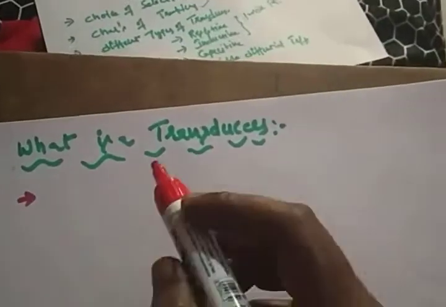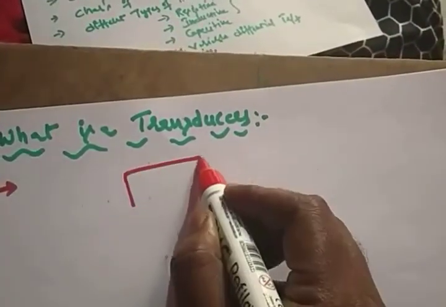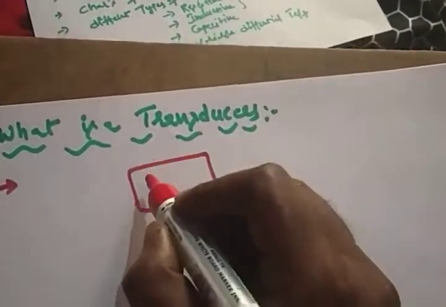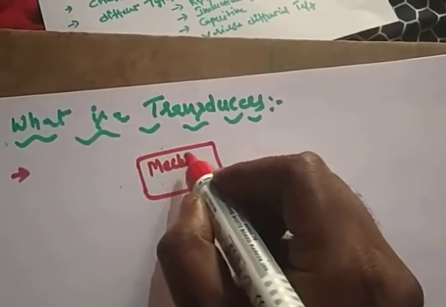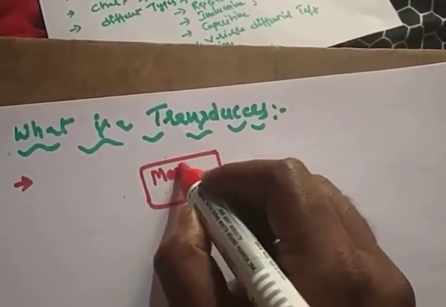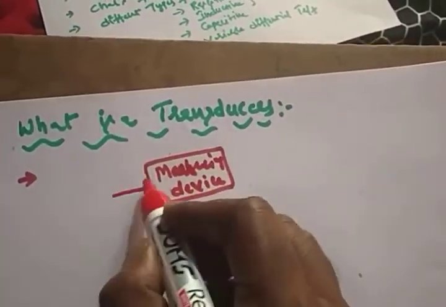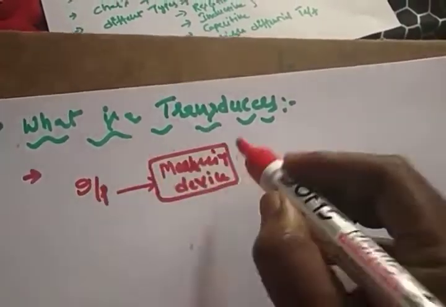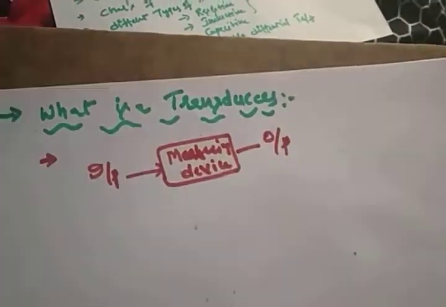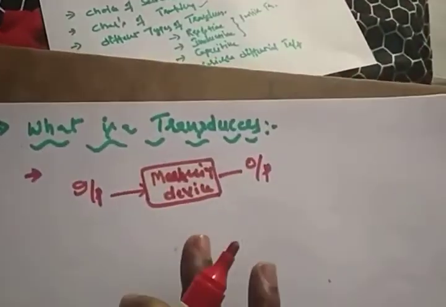The instrument has a mechanical device, that is a measuring device. Giving input, we are getting output. Whatever the instrument, it has some input, some processing, and some output.